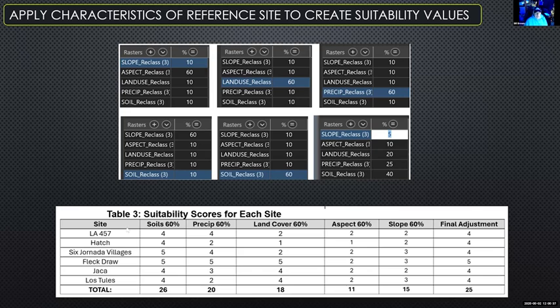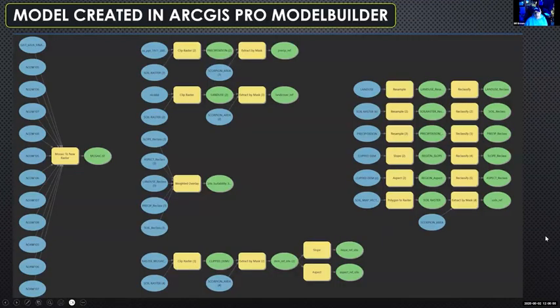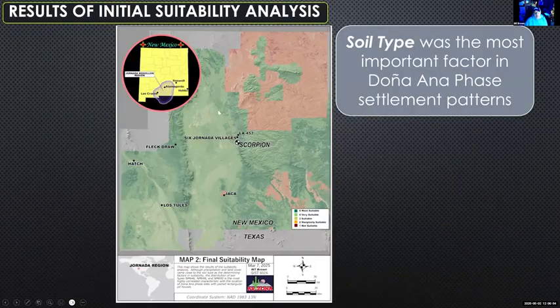And then I would go down to each archaeological site, and I would tally, by looking at the statistics, what the scores were, and then I would add them together, and so it comes up with soils at 60% as just the highest adding of all these variables. And so here's my final workflow in ModelBuilder for part 1. And so going back to what I was just saying, it shows that the soils are the most determinant factor.